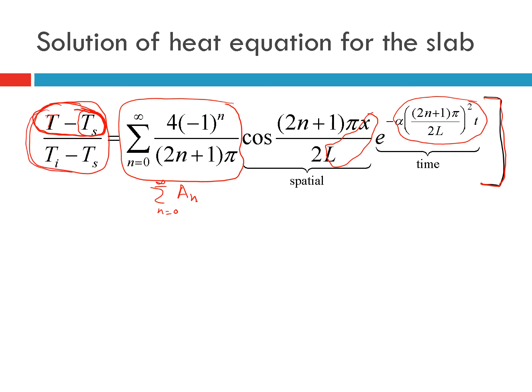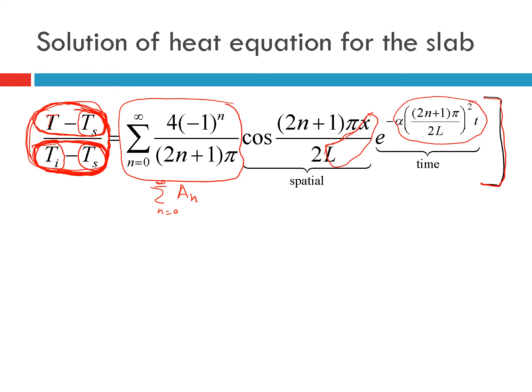This ratio is the unaccomplished temperature in relation to the possible amount. Ti minus Ts is the total possible change in temperature because it starts from Ti and goes to Ts. So this is a non-dimensional temperature that represents the unaccomplished fraction.